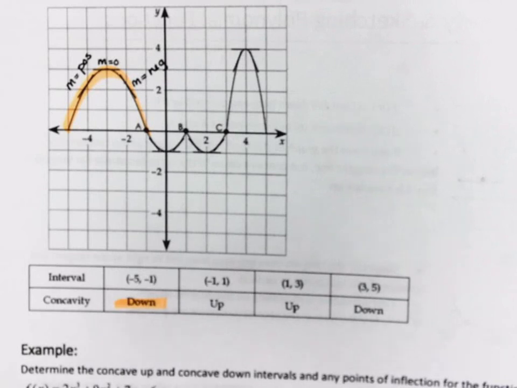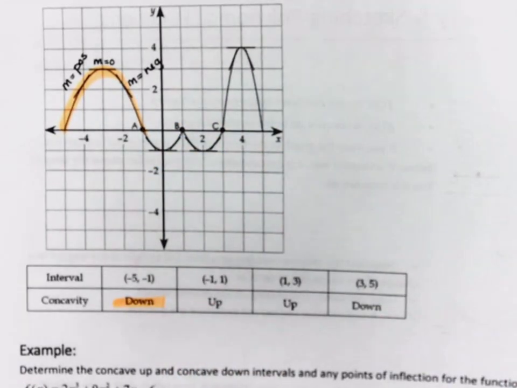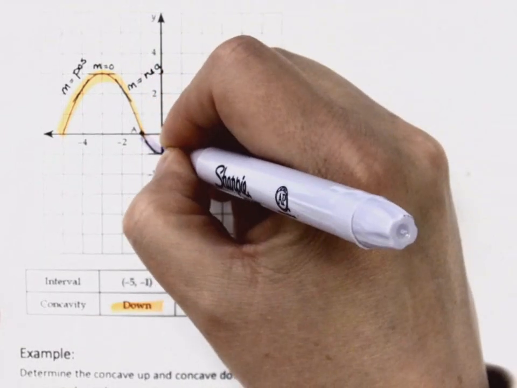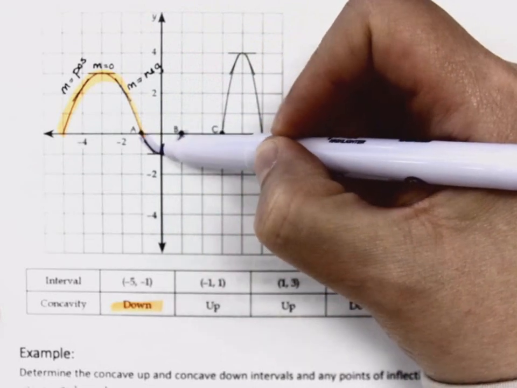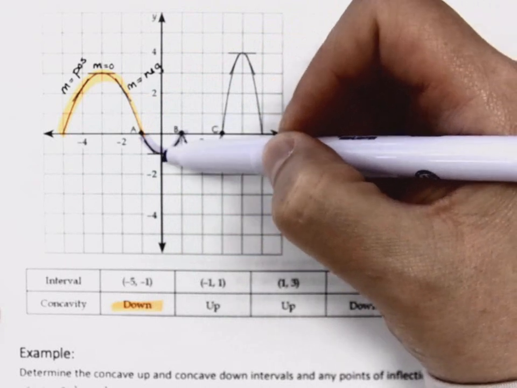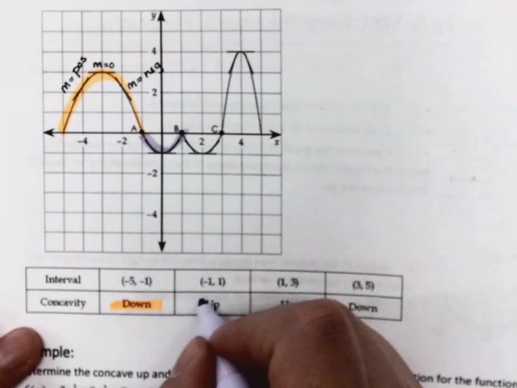If we look at -1 to +1, we know that this has negative slopes, a 0 slope, and then a positive slope. We also know that the graph is occurring above that 0 slope, so it's concave up.